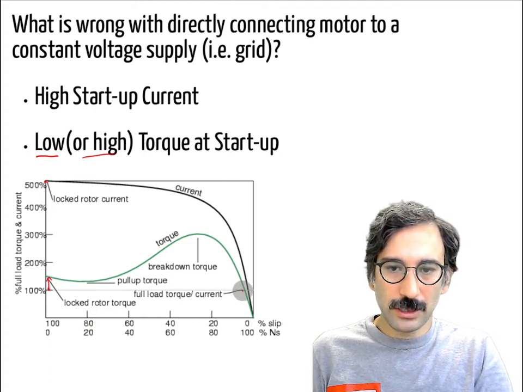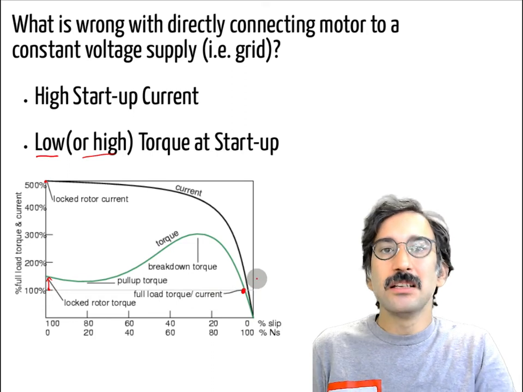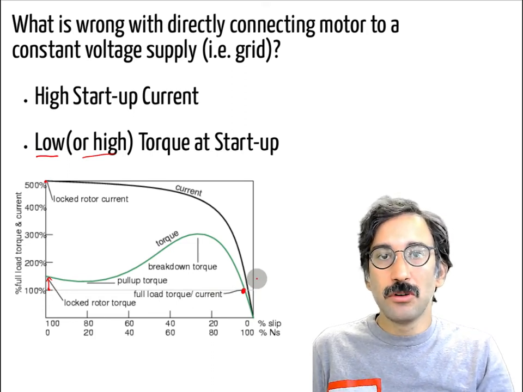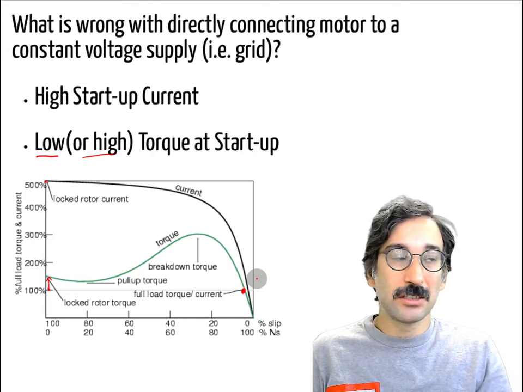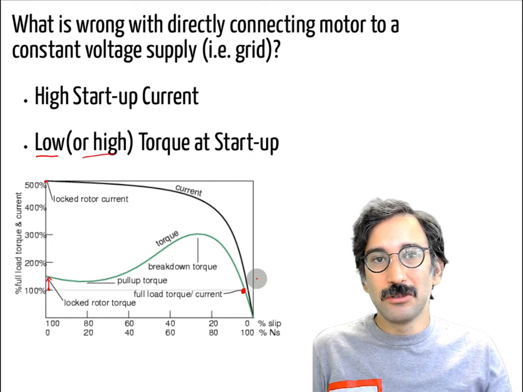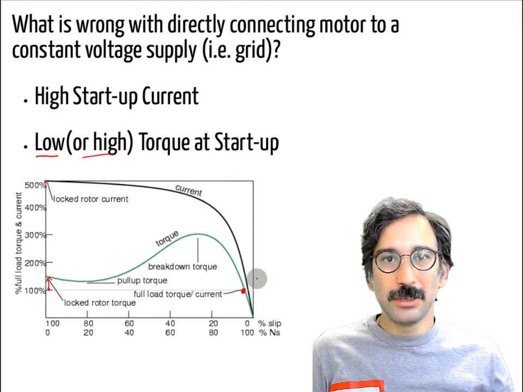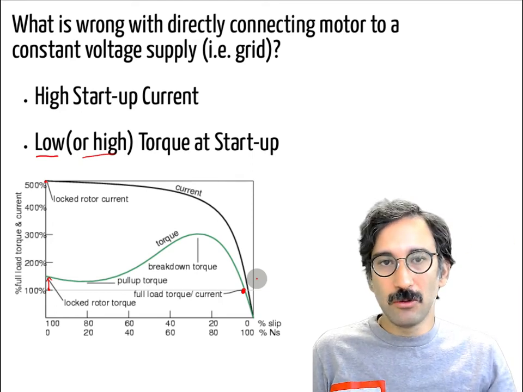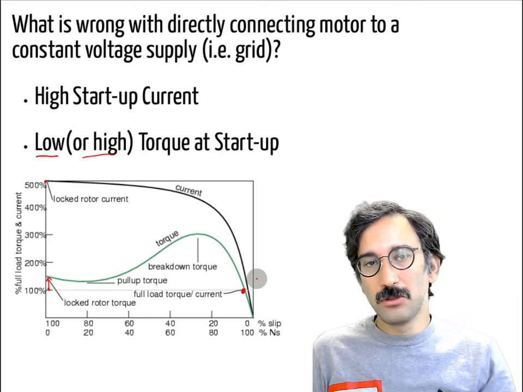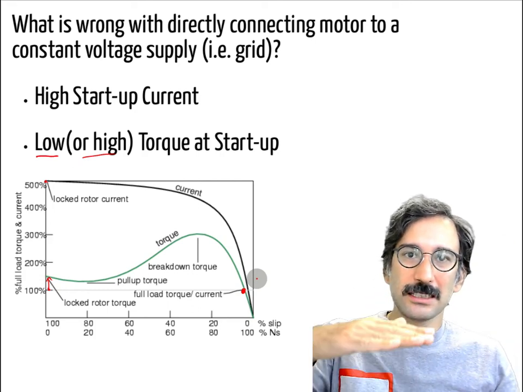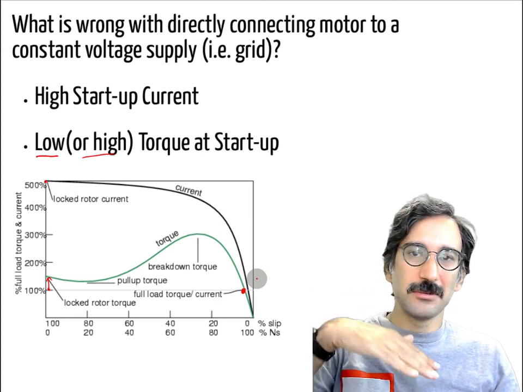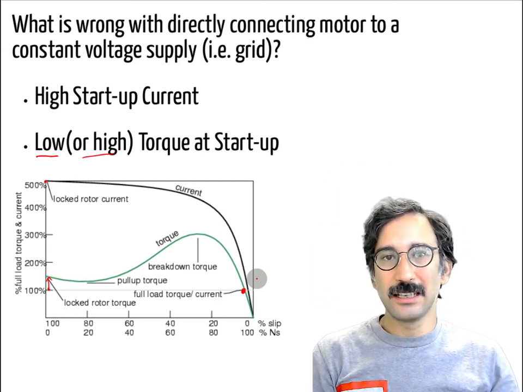Maybe your rated torque is somewhere here. Sometimes you don't want your motor to accelerate really quickly in some applications. For example, think about an elevator: the speed can go quite high, but once you push the button, first it accelerates slowly, then it reaches some speed, then it decelerates again slowly.